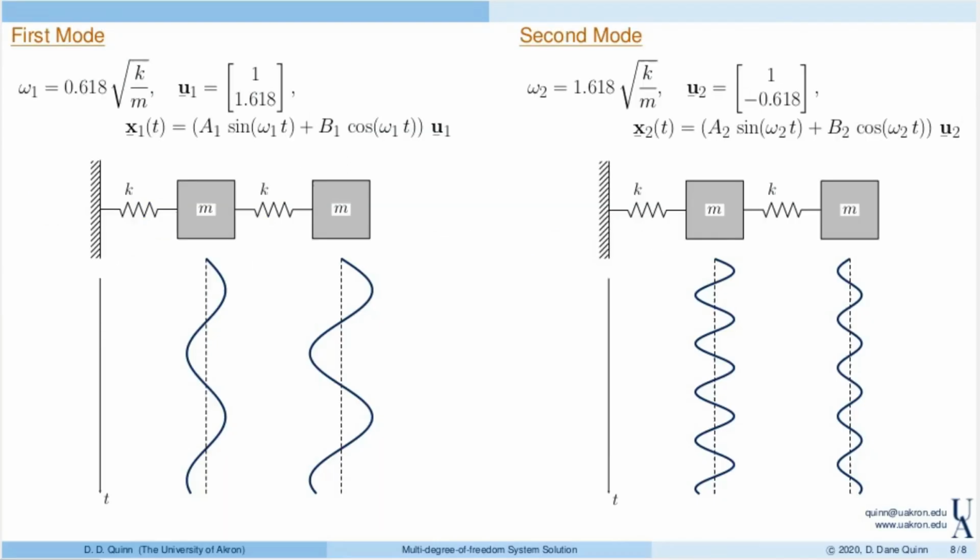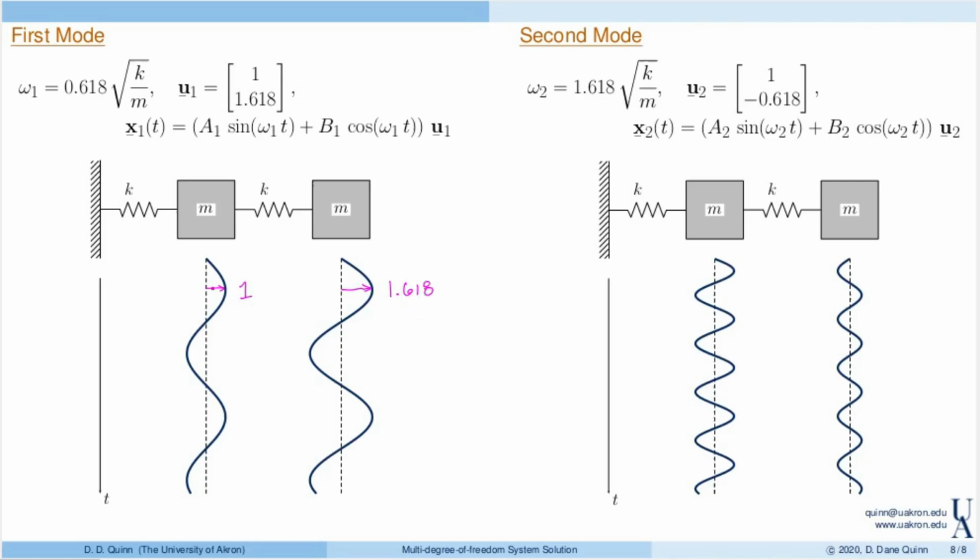So I've tried to represent that graphically here. If I look at the first mode, it's got a frequency of 0.618 times the square root of k over m, and the following mode shape. Now looking at this, if the amplitude of the first block is 1, then the amplitude of the second block would be 1.618.